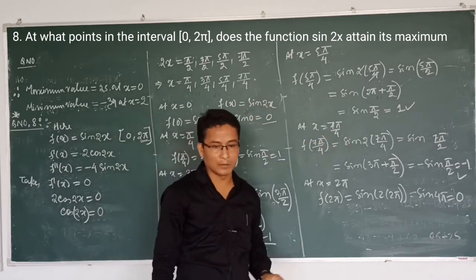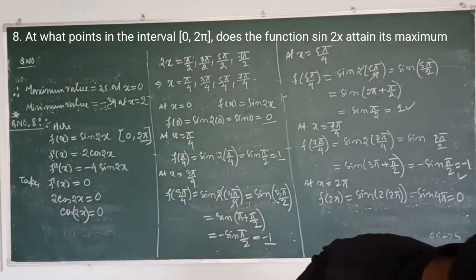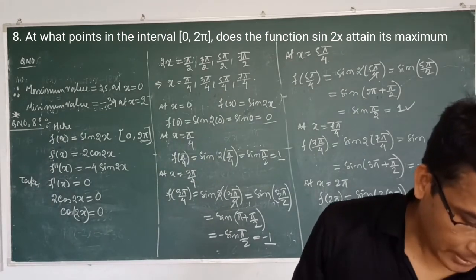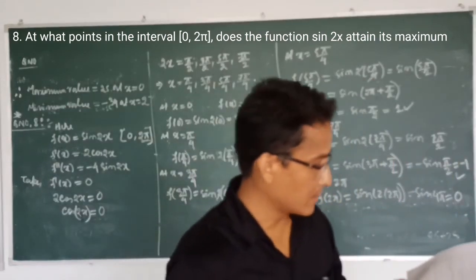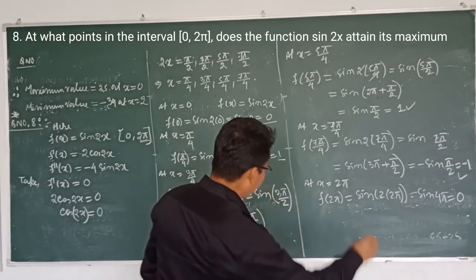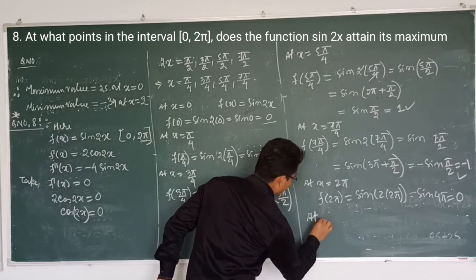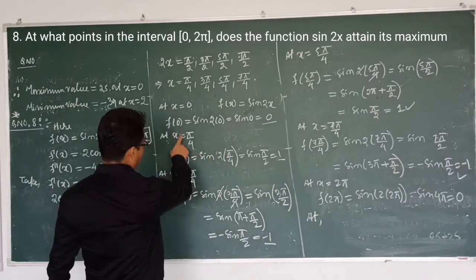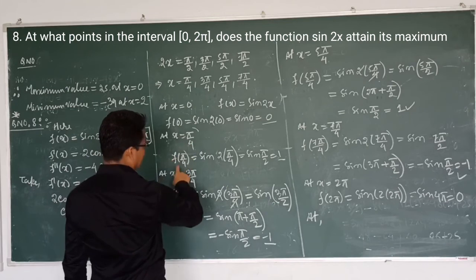So they ask, at what points does sine 2x attain its maximum value. So we will write, first one at x equal to pi by 4 we get 1.